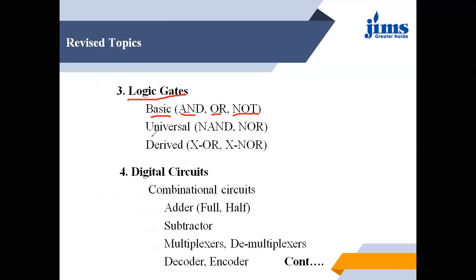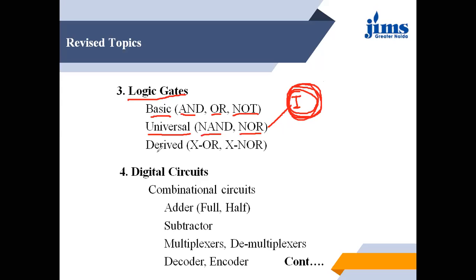After this, we discuss two universal gates, that is NAND and NOR. These are called universal gates because we can implement any circuit or any gate using these gates. So this is very important, and many questions are also based on these universal gates.